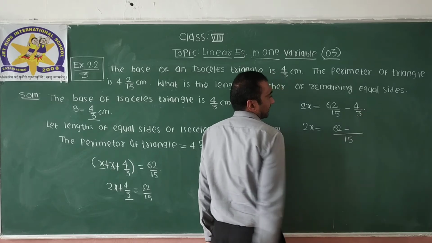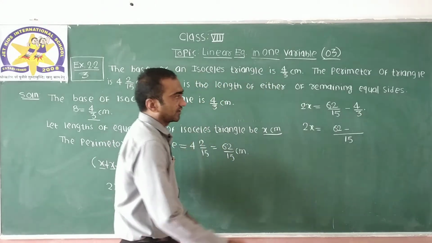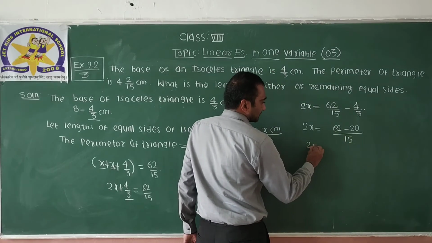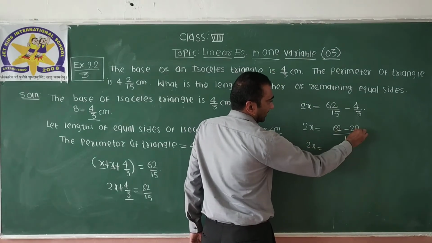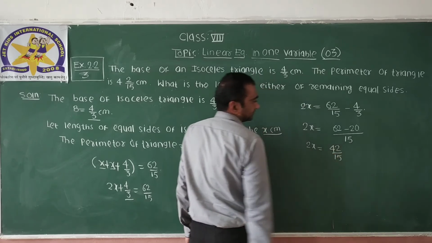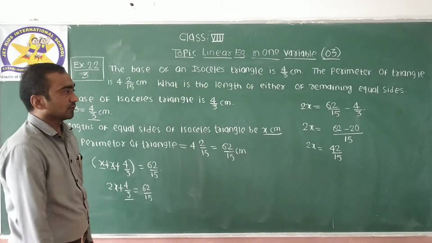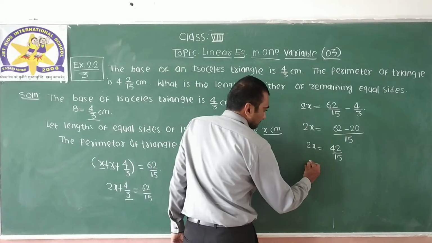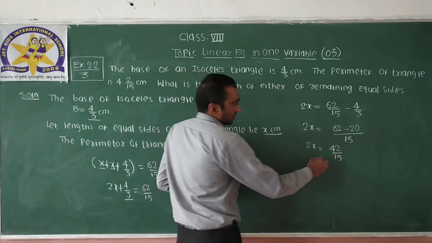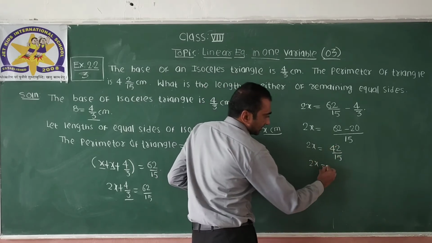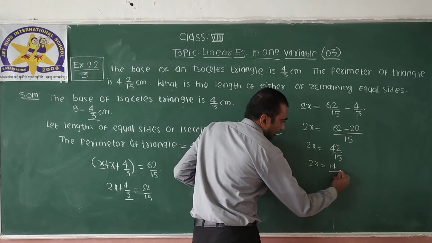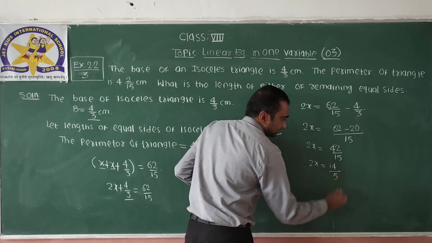If we multiply 15 by the second value, we get 20. So 2x equals to 62 minus 20, which is 42, divided by 15. Okay. Now 2x equals to 42 by 15, and both values are divisible by 3. 42 divided by 3 is 14, and 15 divided by 3 is 5.